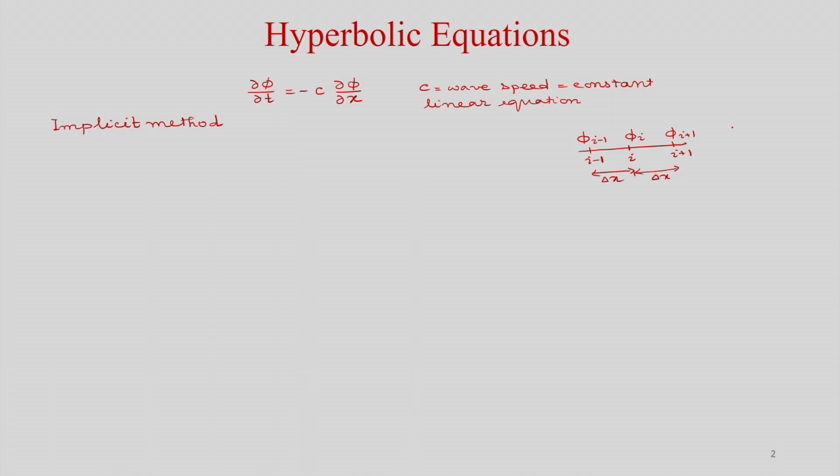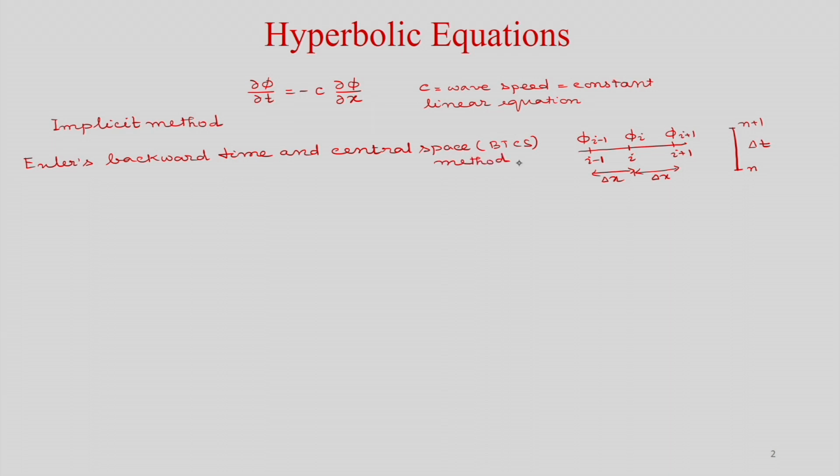And as we march in time, we will go from n to n plus 1 with time step delta t. So, let us consider first Euler's backward time and central space, okay. So, BTCS method.